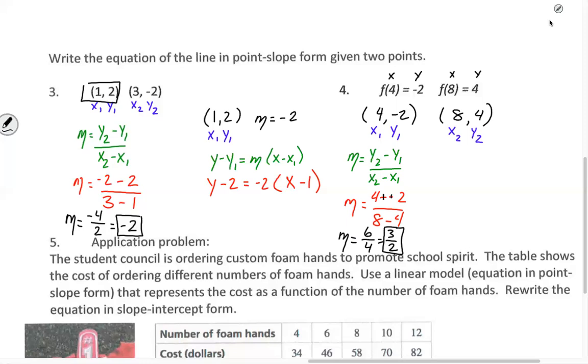I need to pick a point. I'm going to choose the point 8, 4. So I have the point 8, 4, and my slope of 3 over 2. So I'm going to label it x1, y1. I'm going to write my formula.